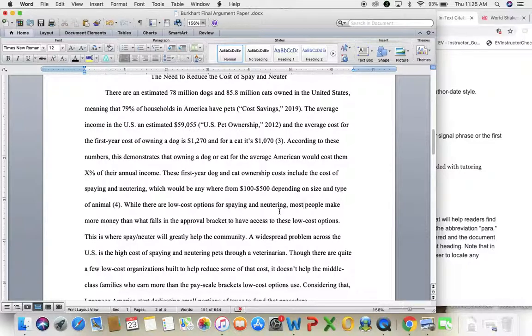So that's the ultimate question I think that needs answered in this introduction, is you convincing the reader that $100 to $500 is too much money for the average American to spend on spaying or neutering their pet, which is a very culturally appropriate thing to do.